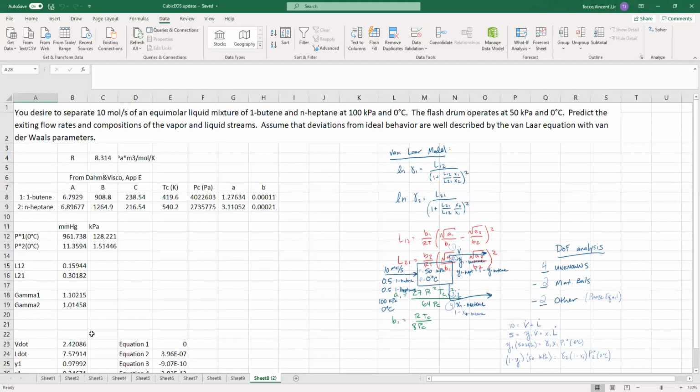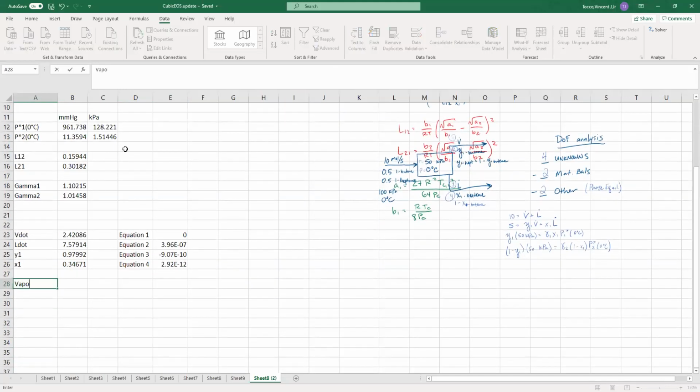So if I wanted to answer the question of predicting the exiting flow rates, the vapor stream flows at 2.42 moles per second. Composition is 98% 1-butene and 2% N-heptane.